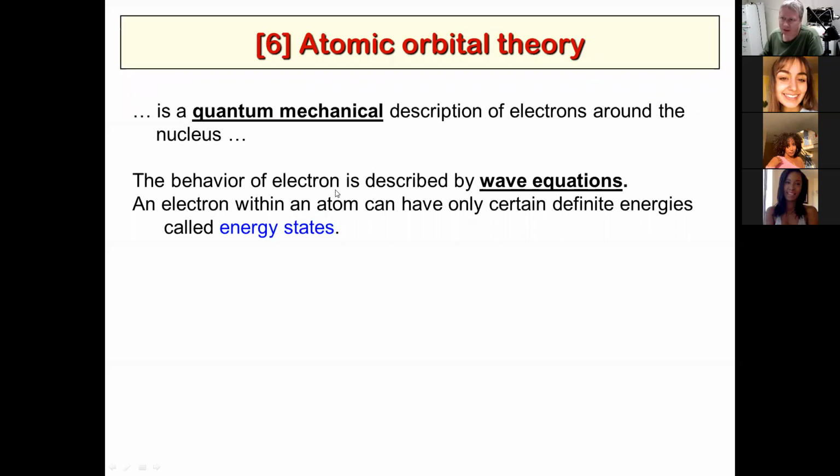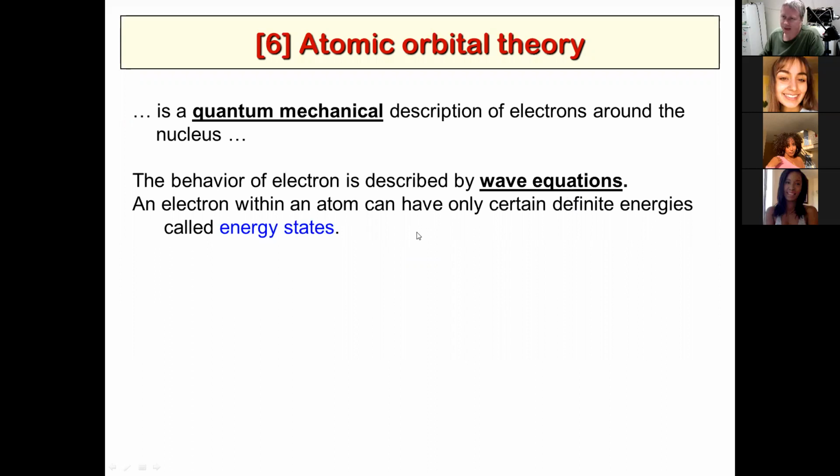We describe electron behavior through wave equations, and the electrons settle down into specific energy states. We'll see the energy states in a second.